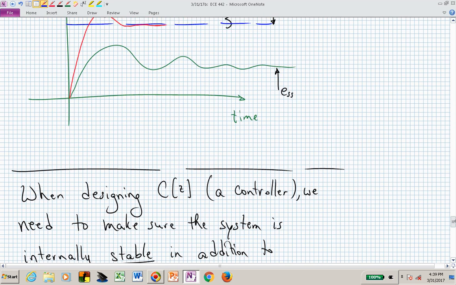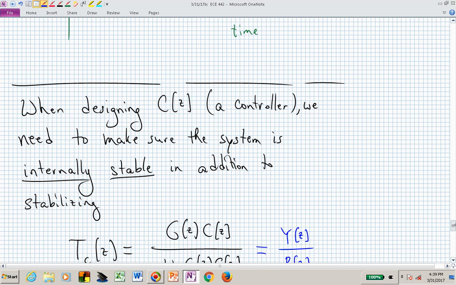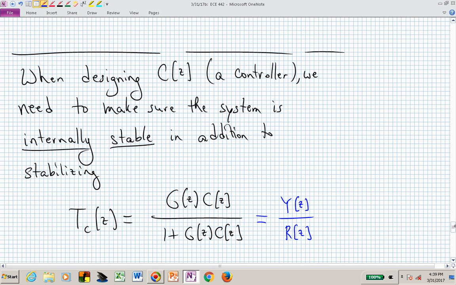One property that we definitely want to maintain when we are designing a controller is we need to make sure that the system itself is internally stable. So we need to make sure that not only are we stabilizing the system, but we're also making sure that all signals in the system are in fact stable.